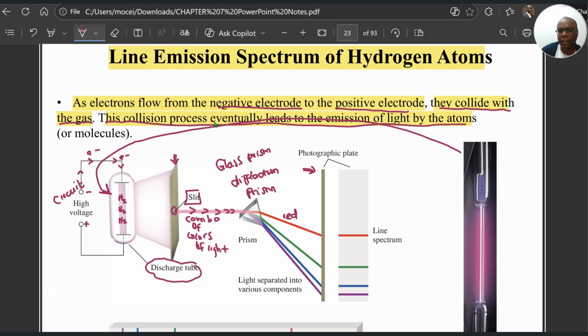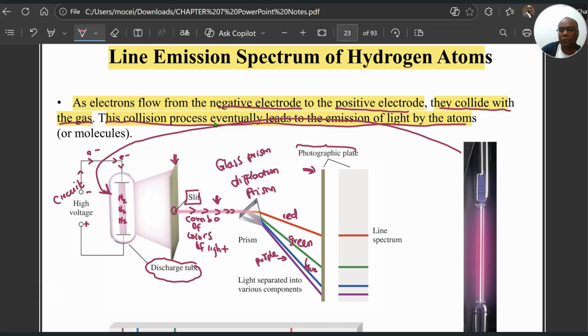For example, you see red, you see green, and then you also see, is that blue? Then purple. Basically, the colors of the rainbow that are available in the combination of colors passing through the slit would be split. And then they strike what we call a photographic plate, which contains a chemical that will help us to visualize the colors really well.